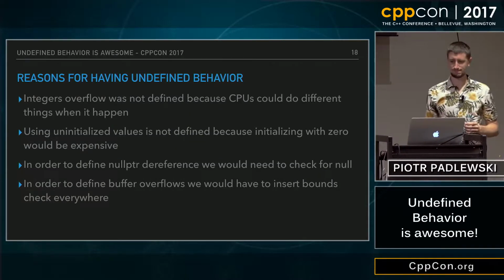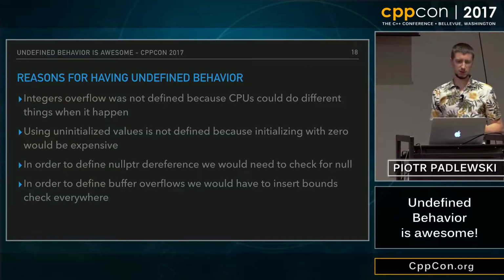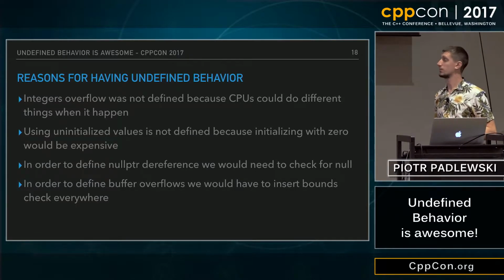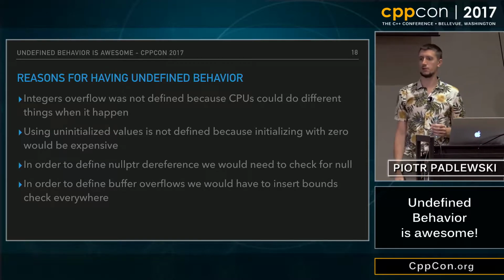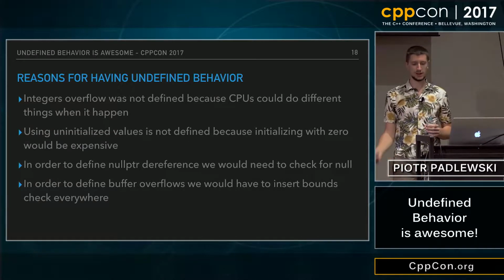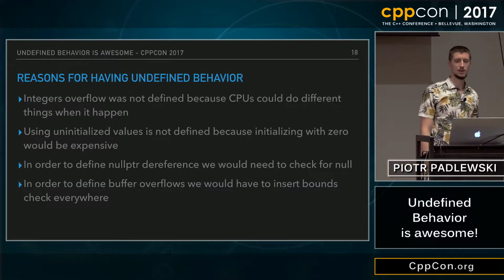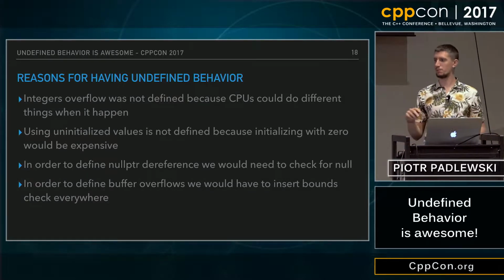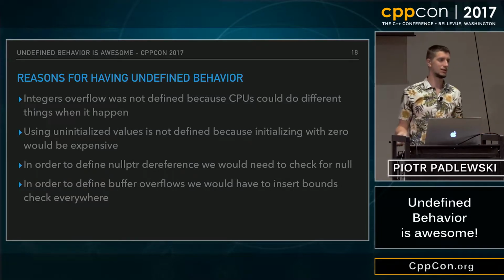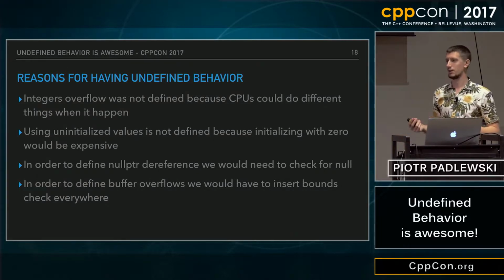I will try to give you some real reasons for some undefined behaviors. For integer overflows, it goes back to the days when C was created. Some architectures did weird things when there was a signed integer overflow. It could trap.